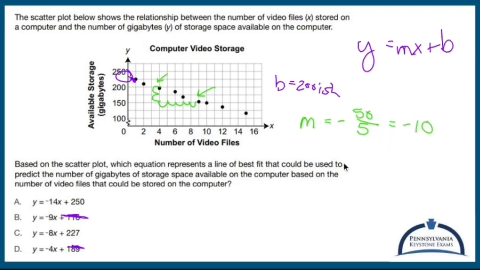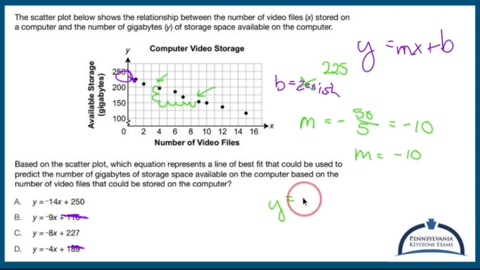So the answer that I'm coming up with is m is equal to negative 10. B is somewhere in between 200 and 250, so I'll say around 225. So I'll change that to 225.